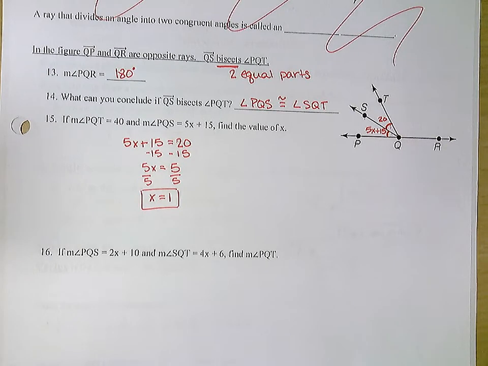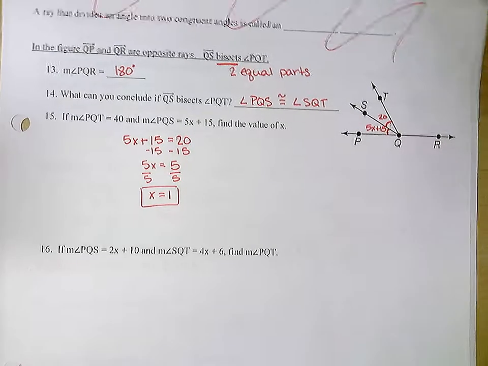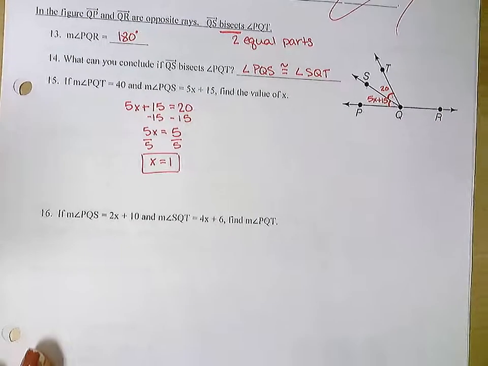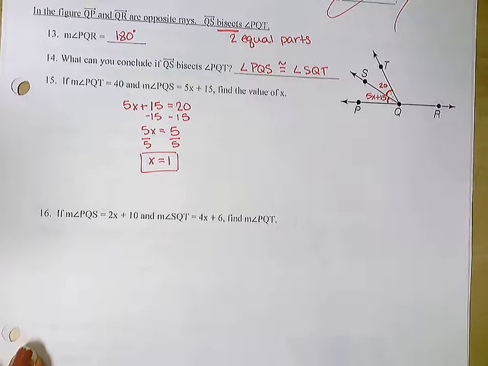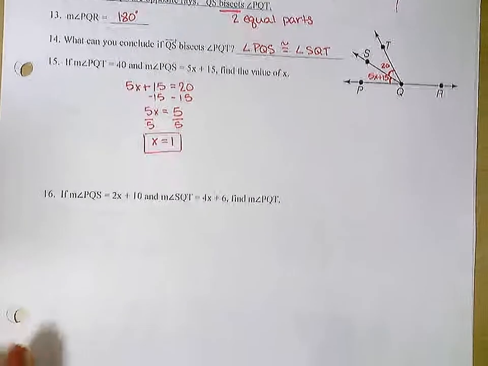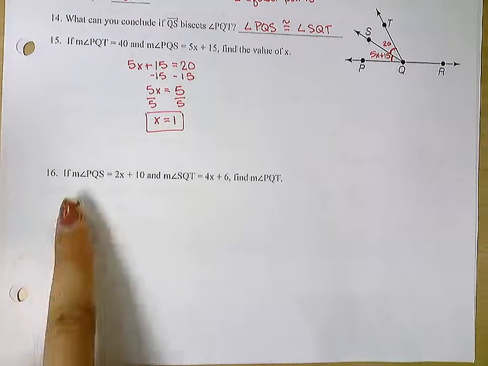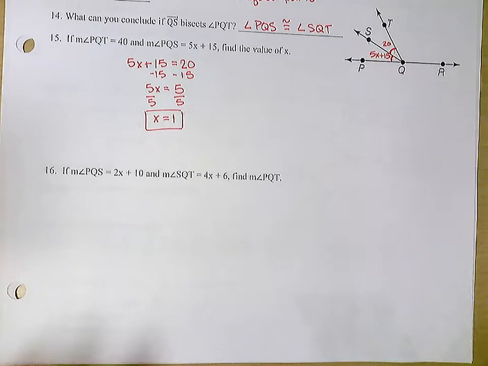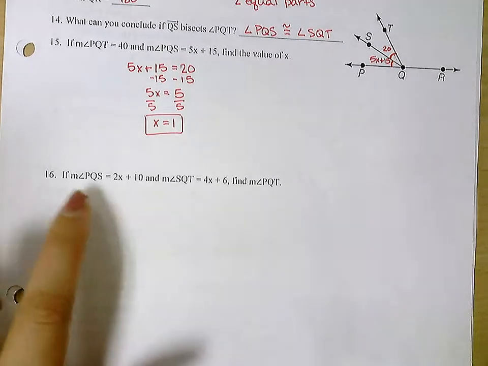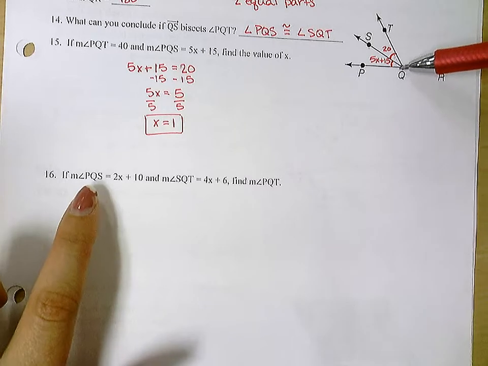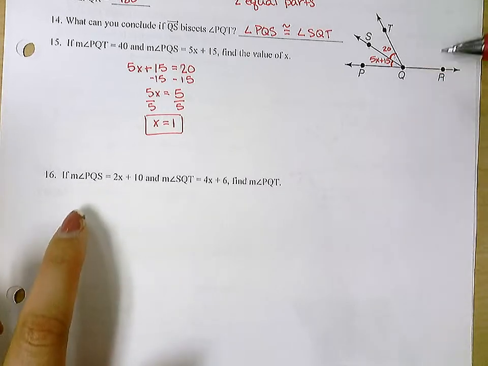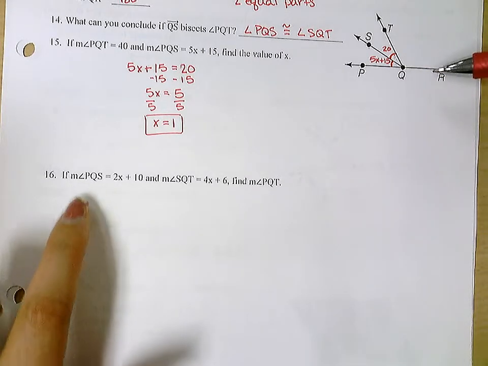Questions on how I did 15? No, we're good? We understand? We understand what bisects means? Yep? Okay. All right. Last one here. Now again, this one is still looking at this picture, but your measures are changing in this problem.